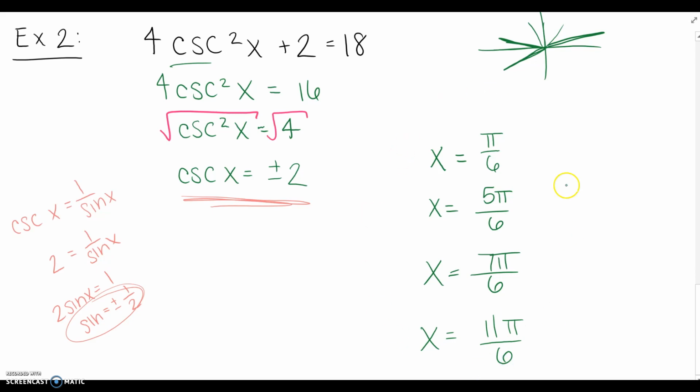So these are all of the x values when cosecant is positive or negative 2, or sine is equal to plus or minus 1/2. Then we need it to work for all values, so that's when we add the period 2 pi times n. So we have 4 answers for this problem. And that's it.